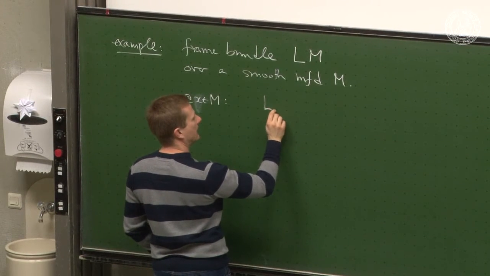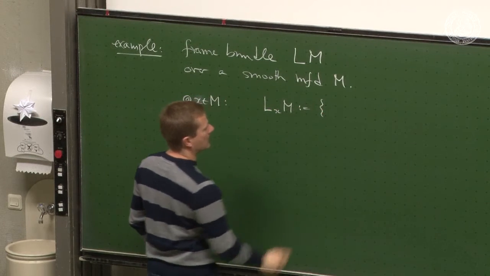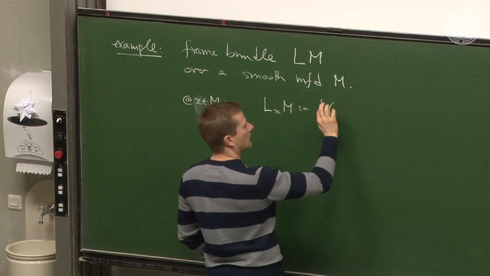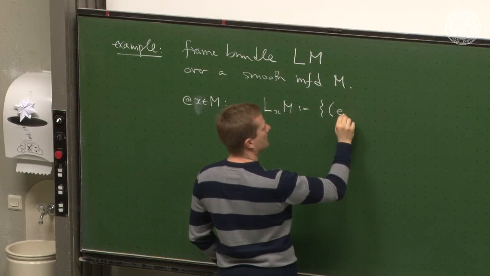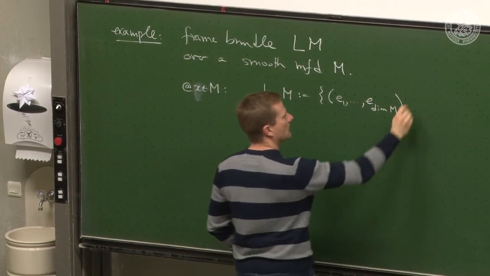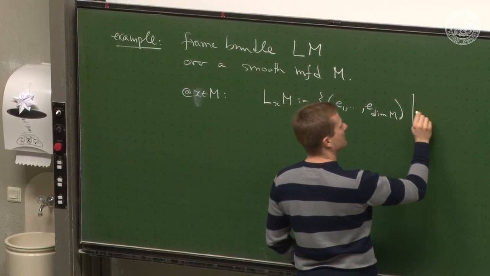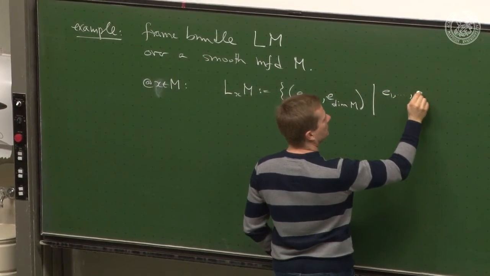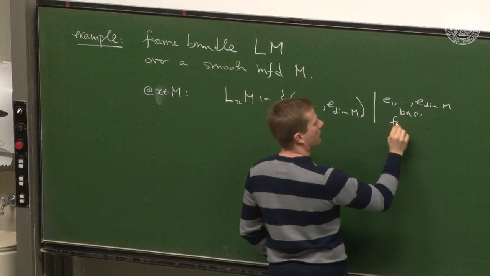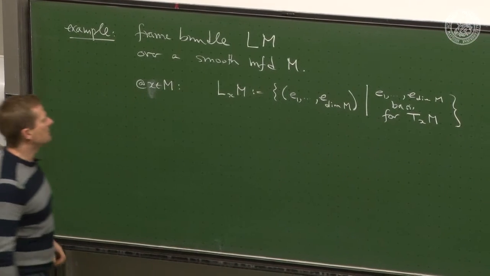We look at the L_x of M, which are ordered dim M-tuples E1 to E dim M, with the property that E1 to E dim M constitute a basis for the tangent space T_x M at precisely this point.